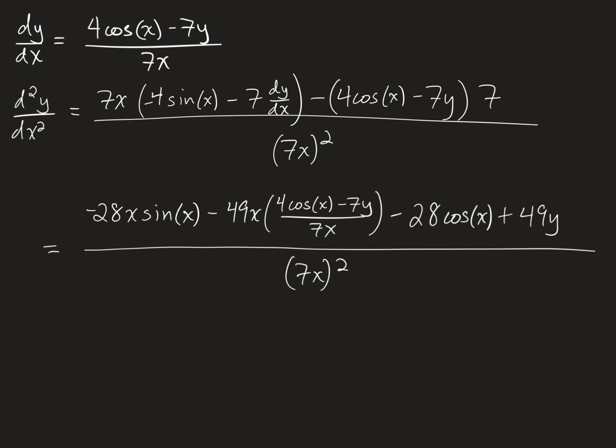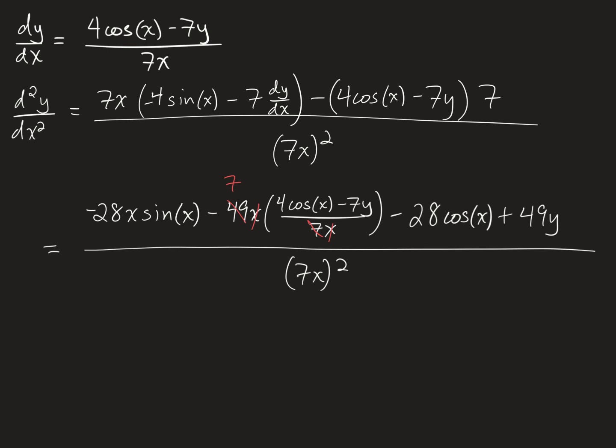From here, last example, we had to multiply the top and bottom of this big fraction by 7x, but it looks like we don't have to do that here because 7 will reduce with 49 to give me 7, and this x will reduce with this x, so we don't have to multiply this fraction by anything.